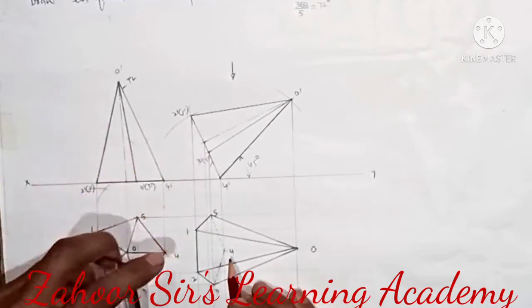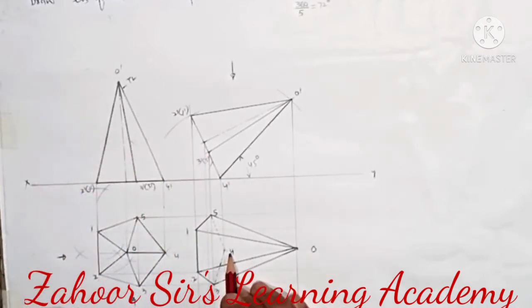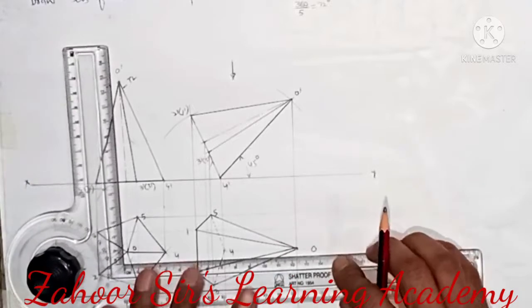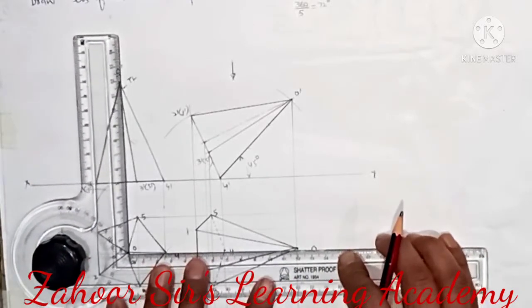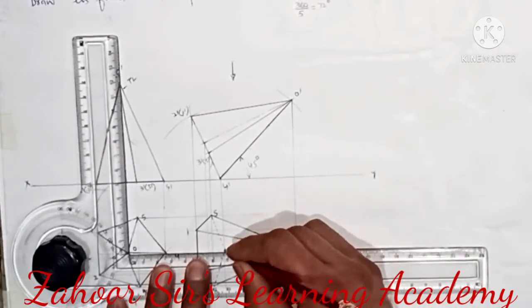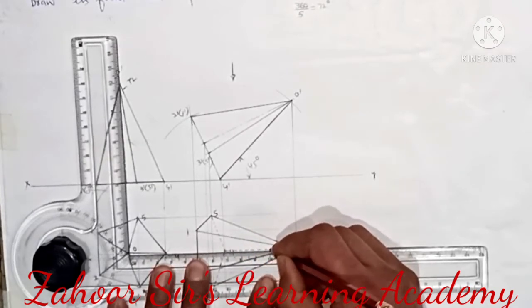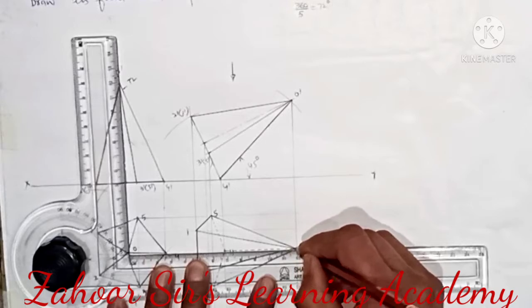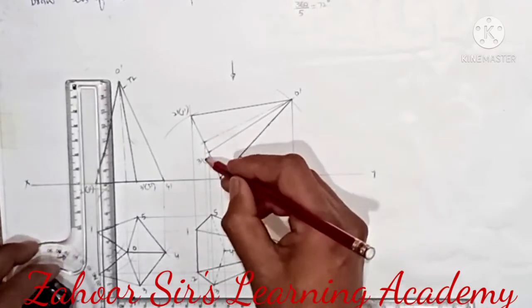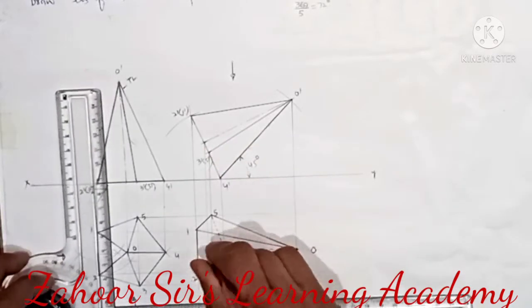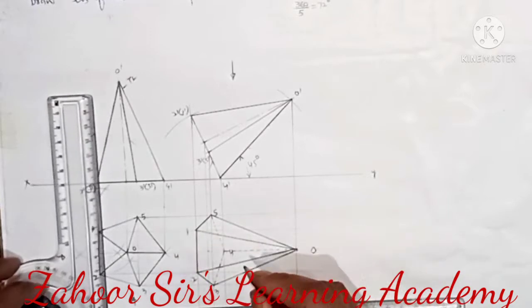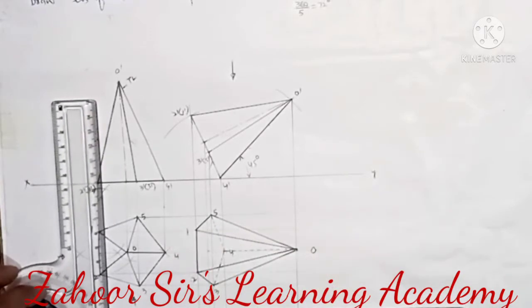And the same way, this slant edge, that is 4 naught, even cannot be seen. That can also be connected with a dotted line. The things which cannot be seen are represented with dotted lines. Now the center line, this is the center line, so this is the point which is my center. So this dot is my center.